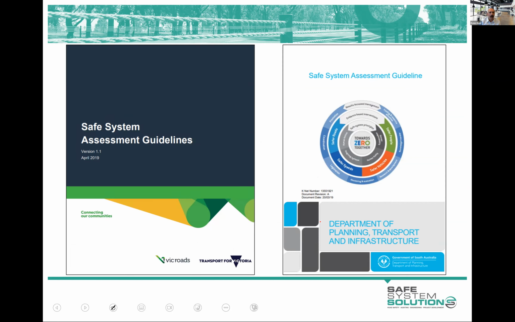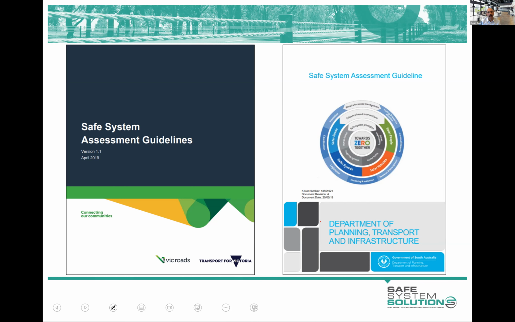Practically, it doesn't play out well. When the Austroads guide was developed, there were very few safe system assessments that had ever been done. They were kind of fumbling along in the dark, and they put some things down, and it's been discovered that in reality they don't work out quite the way it had been envisaged. And so these two jurisdictions have done that.